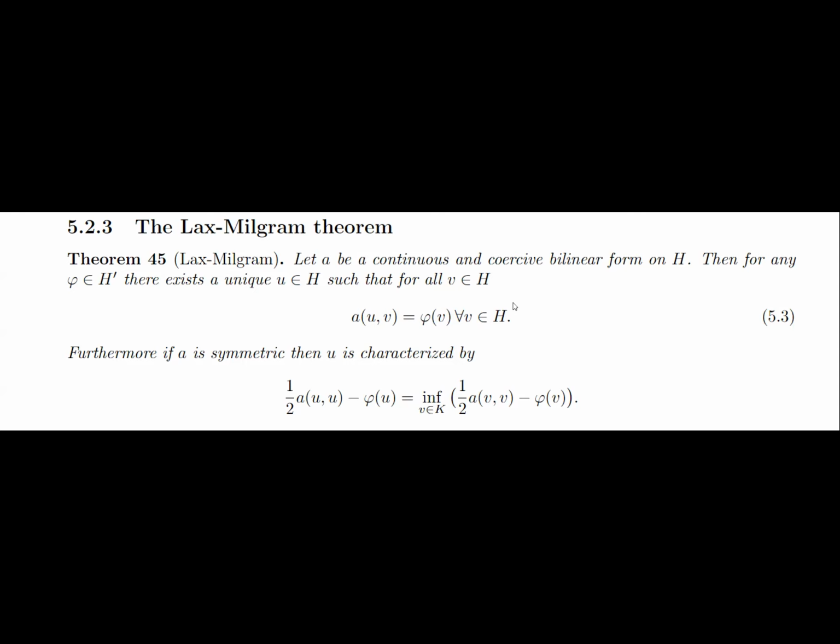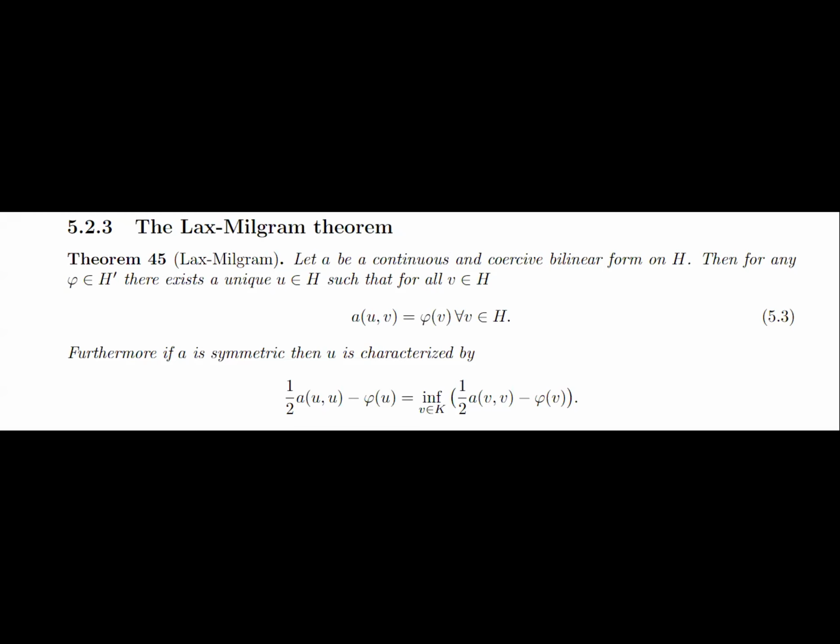So when you project on K, you have a result with an inequality for the projection theorem. And when you project on the linear subspace, it becomes an equality. And the Lax-Milgram is the same, or there is an analogy. And you transform the inequality of the Stampacchia theorem into an equality for the Lax-Milgram theorem. So the characterization is the same.